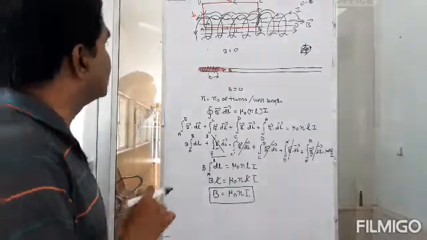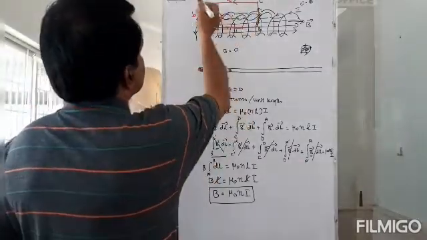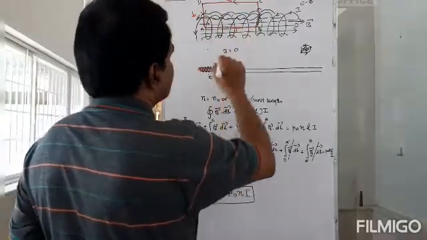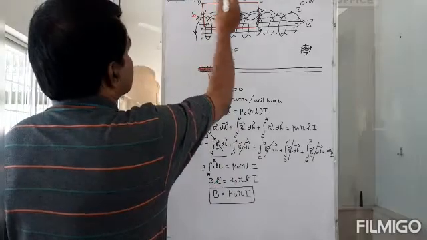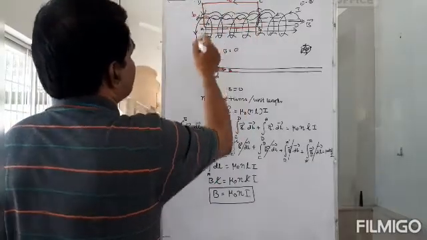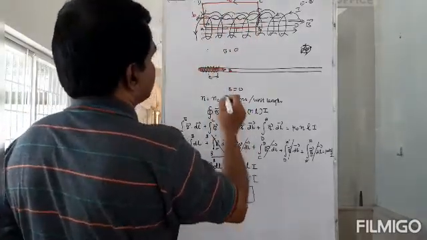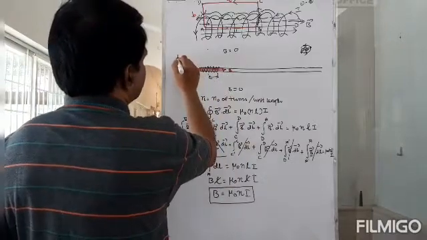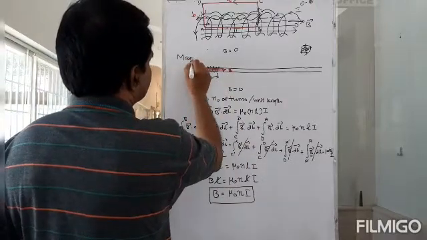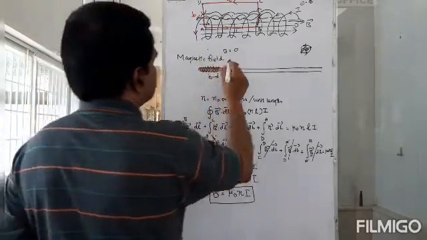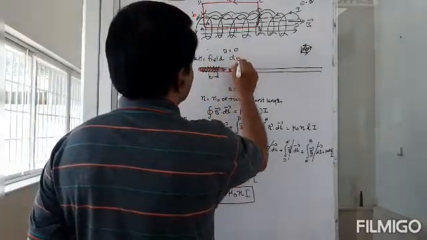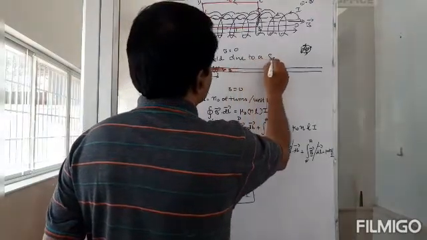Okay. So I'll say this is the magnetic field inside the solenoid. So the title is magnetic field due to a solenoid.